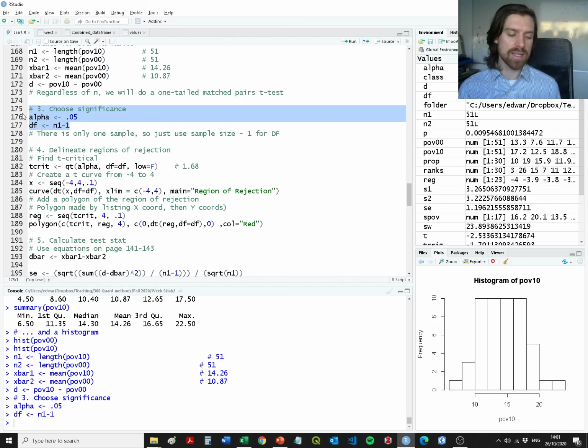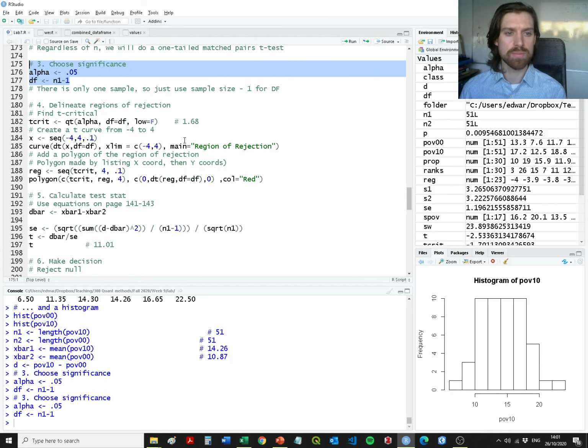That means that final person doesn't have a degree of freedom. Every player before that had a degree of freedom. So if you have 11 people on a soccer pitch on one team, then you would have 10 degrees of freedom. It's the same concept here, just for this particular example. So n1 minus 1, 50 degrees of freedom in this case.